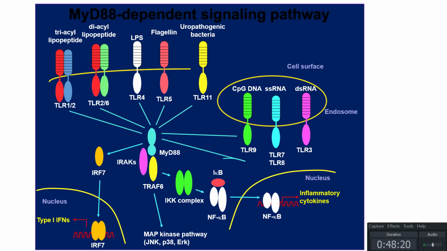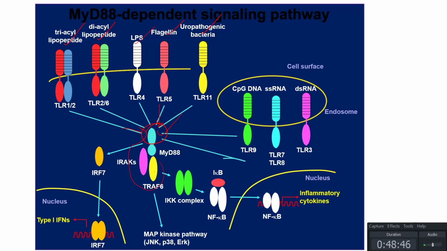So we are now talking about the MyD88 signaling. Whenever these things are detected, meaning triacyl lipopeptide, diacyl lipopeptide, LPS, flagellin, uropathogenic bacteria, this will be recognized by the MyD88 pathway. Then it will form a complex called MyD88, IRAK and then TRAF.